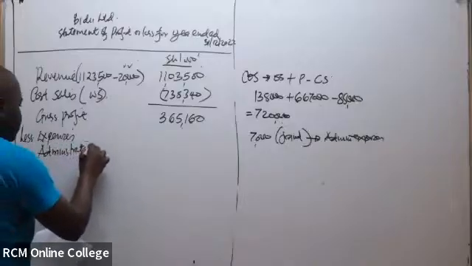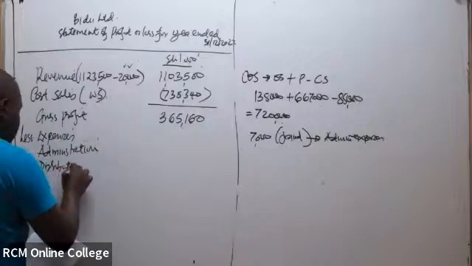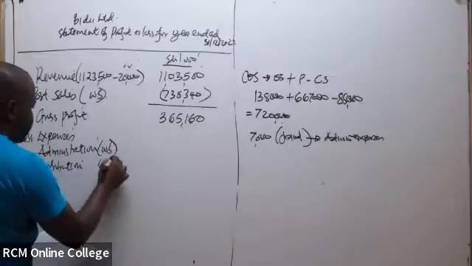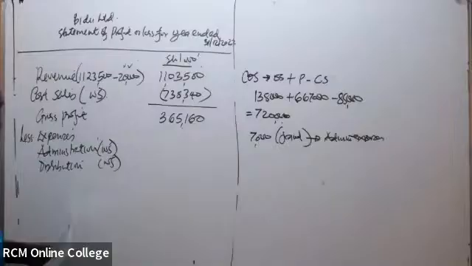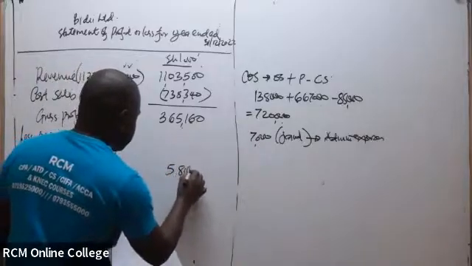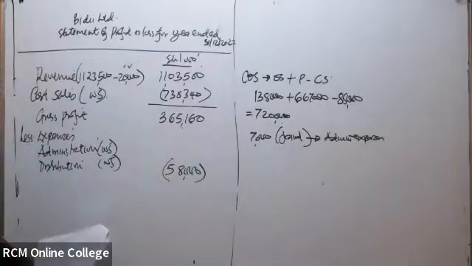Administration expenses, and distribution expenses, which we've done in this case under working 5. Distribution was coming to 58 million.